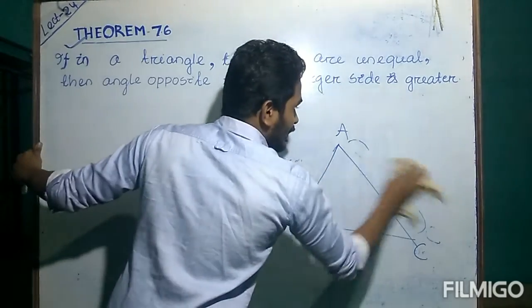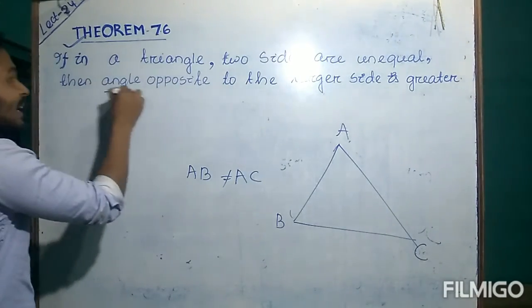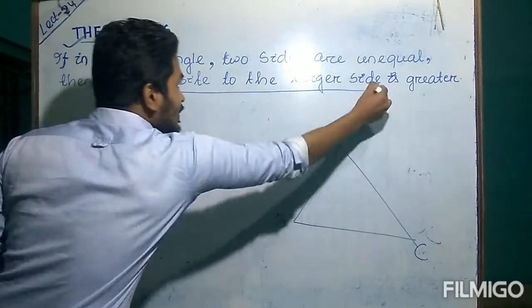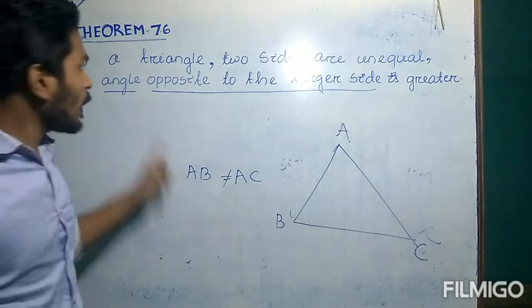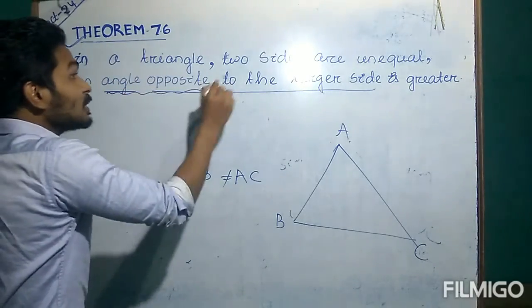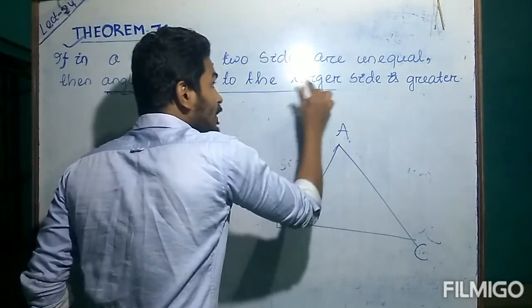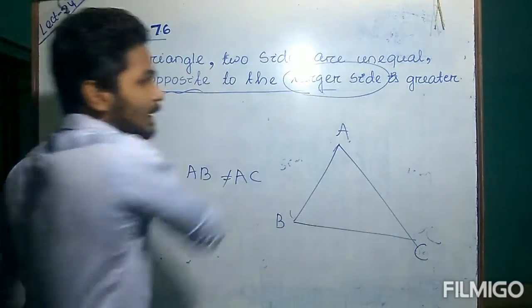Clear? Next, continue reading. Then the angle opposite to the larger side is greater. What does it mean? We have to first find the larger side.